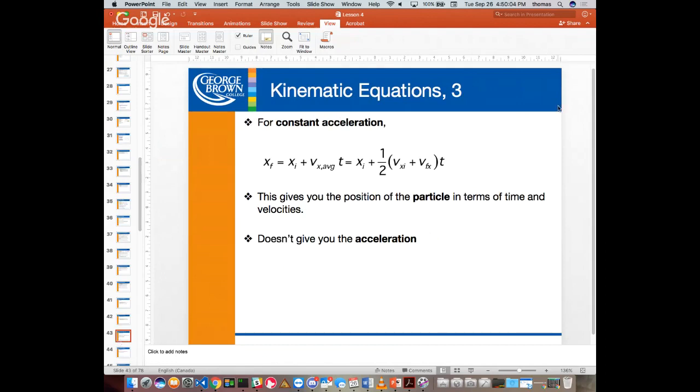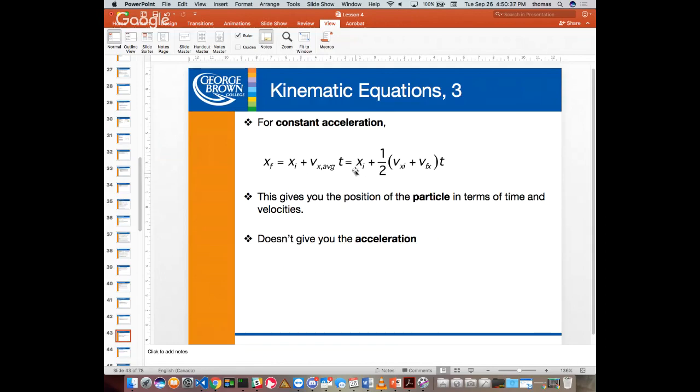Equation number 3, where I have a constant acceleration, as an example. What this does for me is give you the position of the particle in terms of time and velocities. So I have a couple of equations here all in one. On the left-hand side, I'm looking for the final x position. I take my initial position plus an average velocity multiplied by time, and then I get my final position.